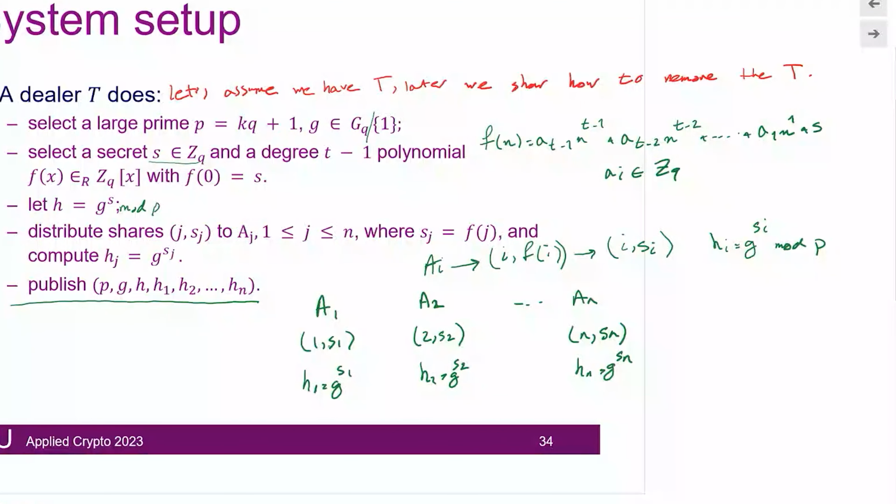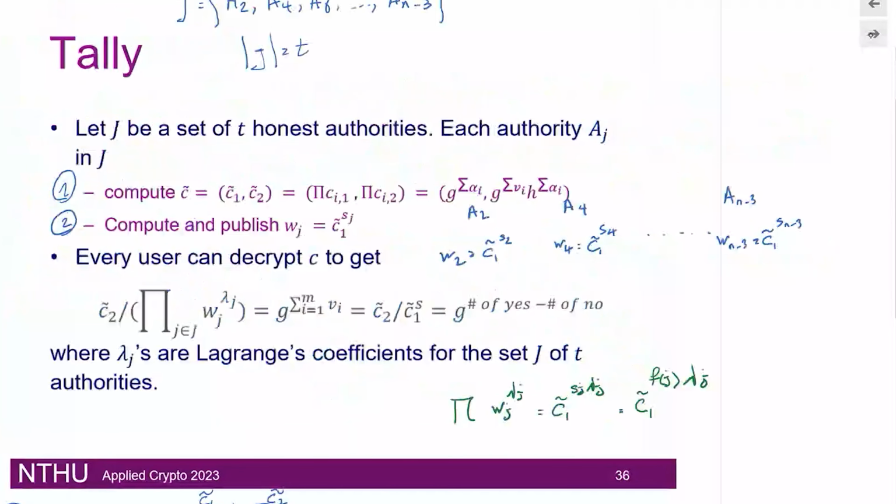So the indexes i's, the x points that we need to compute the lambda, are already known, because we have an index set. So authority 2, 4, 6, and n-3, those indexes are enough for us to compute this lambda j. And when we compute that, we are able to recover the S.